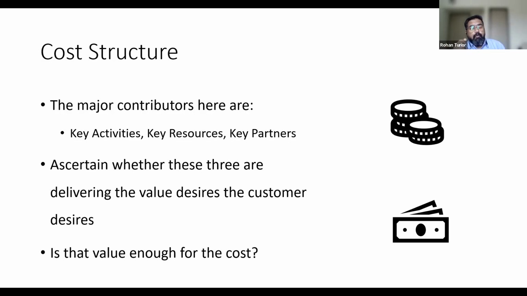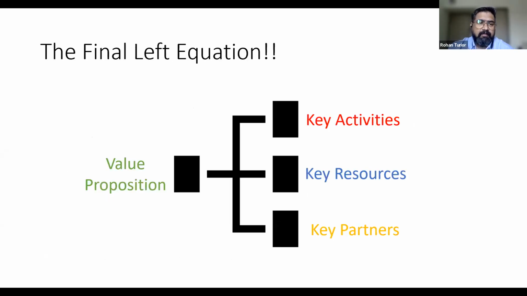And most importantly, is the value that you are delivering enough for you to scale your business? That's the most important question that you need to ask. Otherwise it will be that we are earning money, but that money is not enough. Okay? So this is the final part of the left equation.